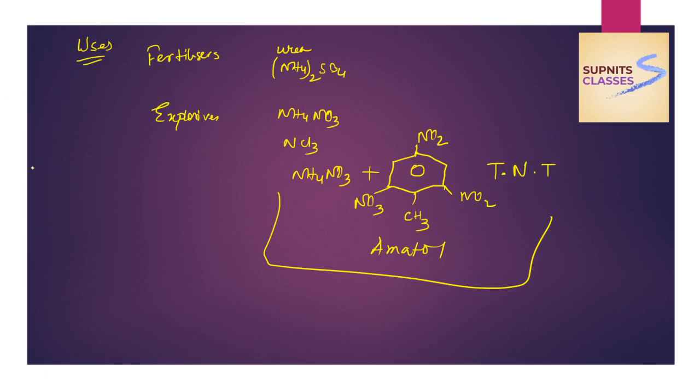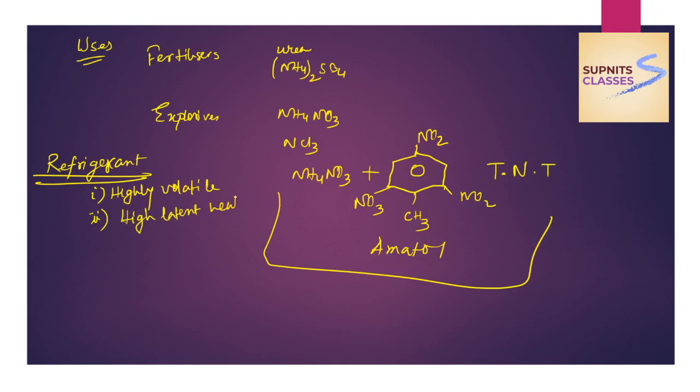Next, another two important ones. Ammonia is used vehemently as a refrigerant. Why is ammonia used as a refrigerant? Please write down. Number one, it is highly volatile. Number two, it has a very high latent heat of vaporization.